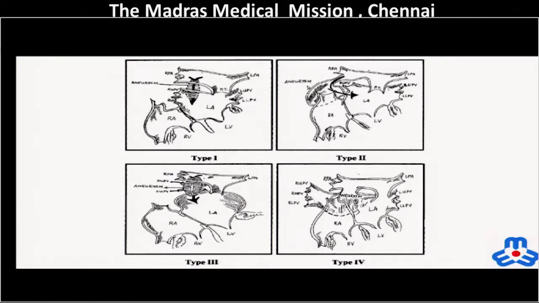Type 3, where the pulmonary veins drain directly into the abnormal channel that connects the RPA and LA as a fistula. Type 4, where the right lower pulmonary vein is replaced by 3 other smaller veins connecting the aneurysmal pouch, with the left pulmonary veins joining LA directly.